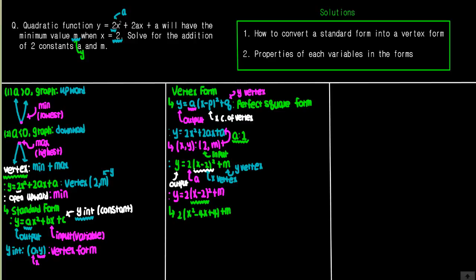But we need to know one more thing here. The m value, which is going to be the y value, should always be a constant. And we know the constant is the term that has a coefficient but no variable.